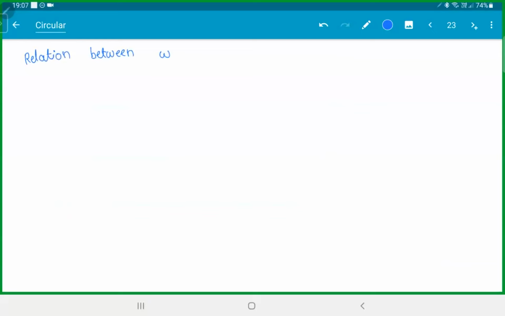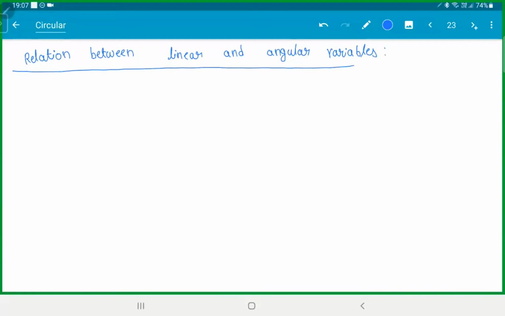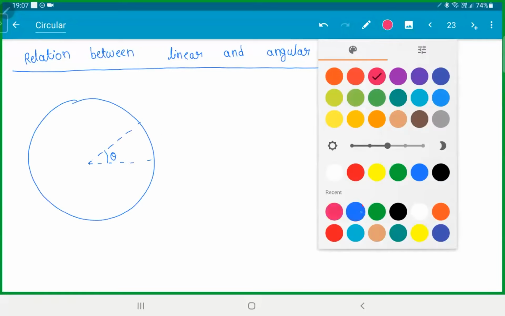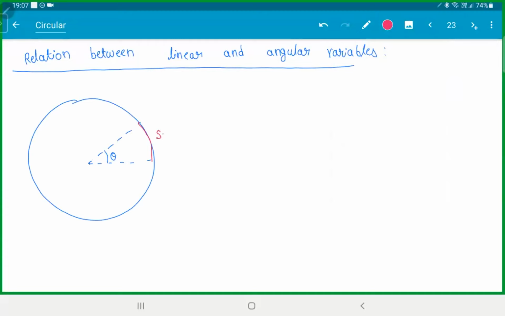Omega and linear and angular variables. So I think I have written this, but let's put it down again. So this is theta. This here S is your arc length. R is your radius.